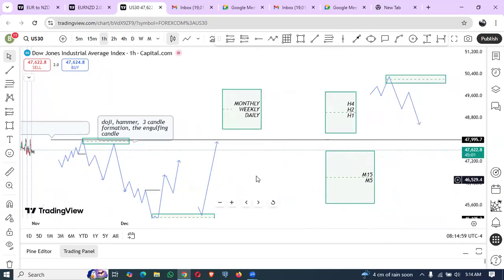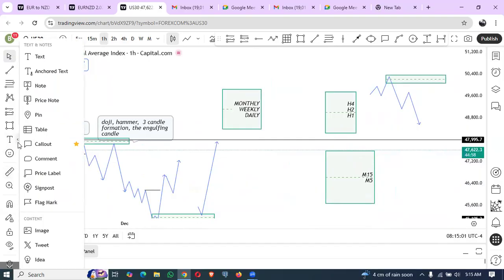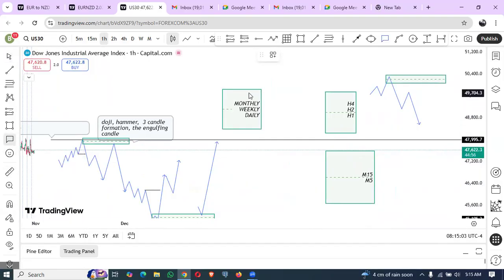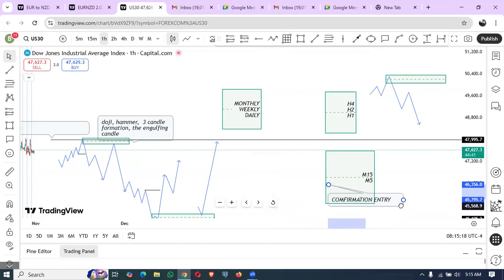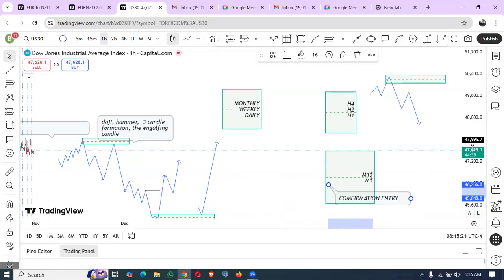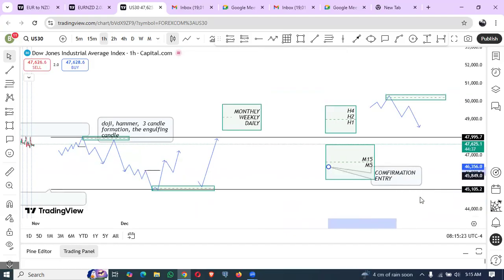What do I mean? Let me do a little call out on this. These ones are for confirmation entry, the lower time frames. I don't execute on the higher time frame. No, I don't do that.